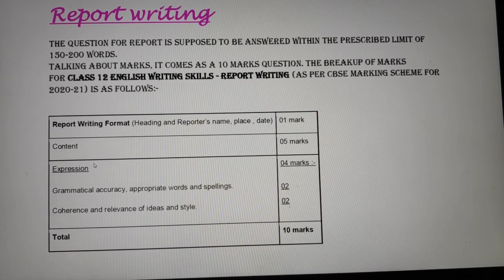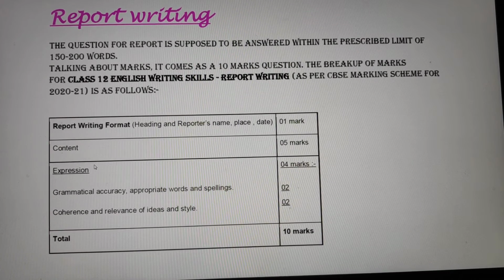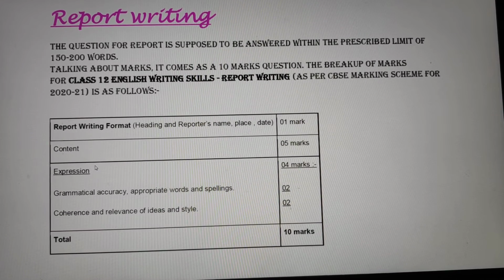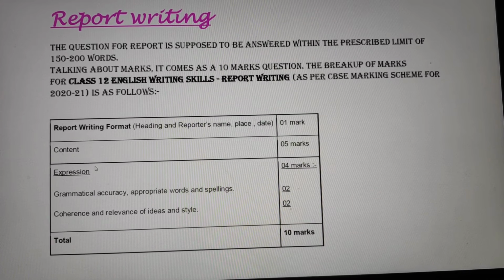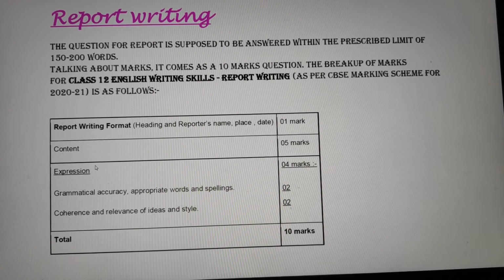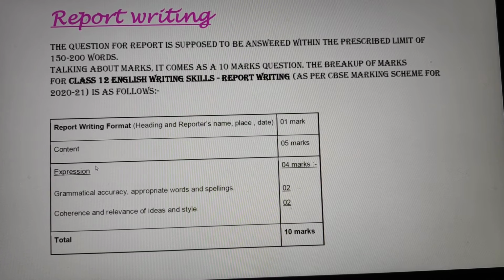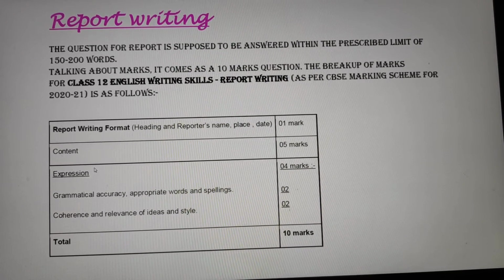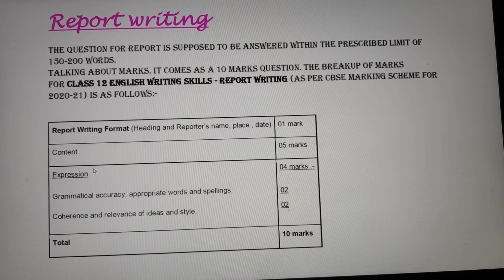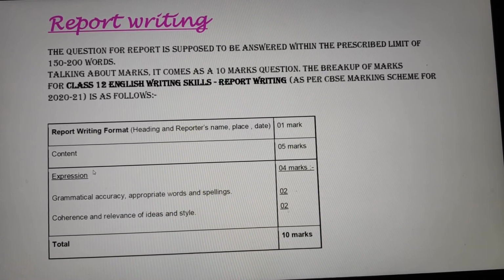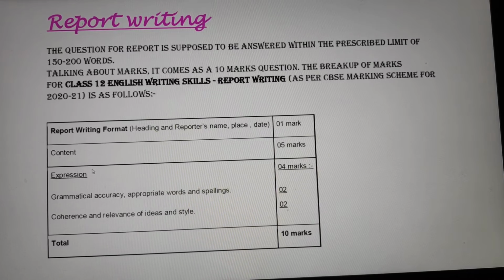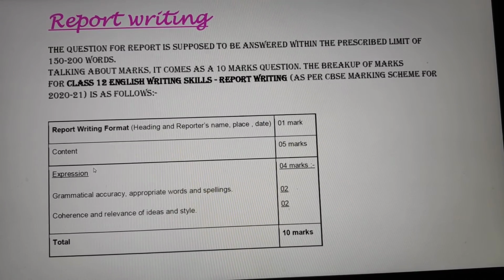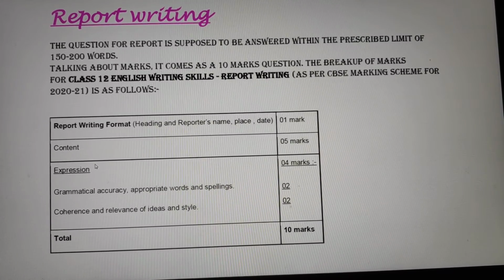The breakup of marks for class 12 English writing skills, report writing, as per CBSE marking scheme for 2020-21 is as follows. Report writing format, which normally does contain heading and reporter's name, place and date, carries 1 mark. Content carries 5 marks.